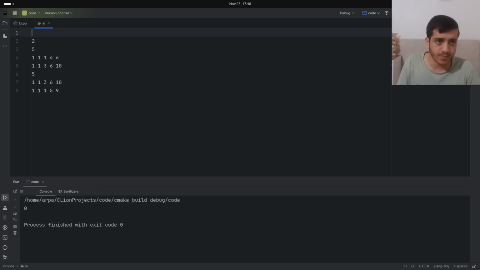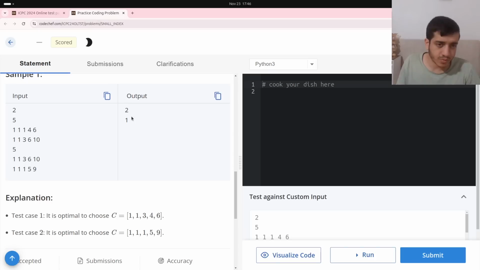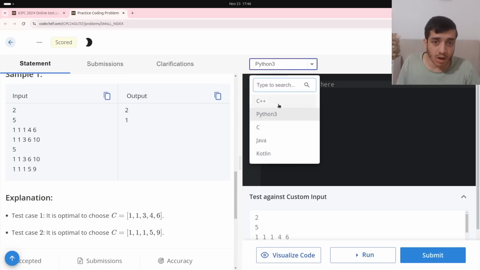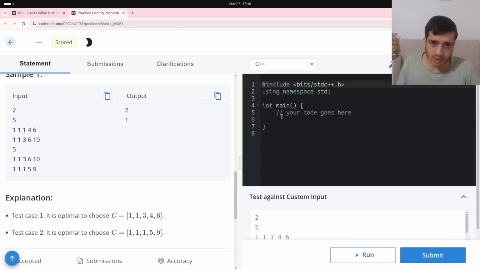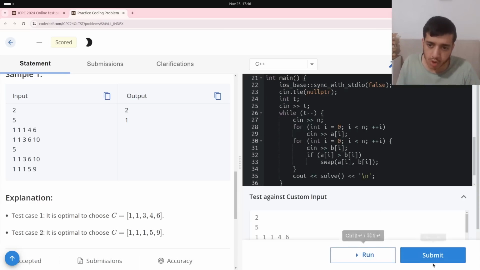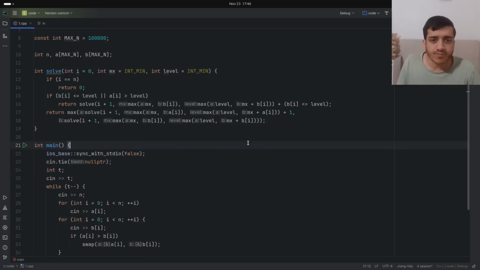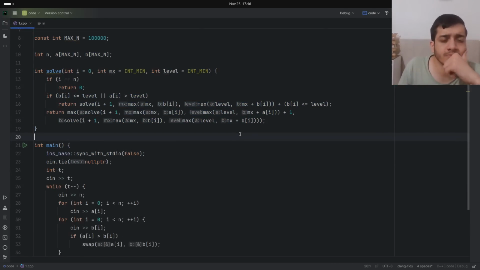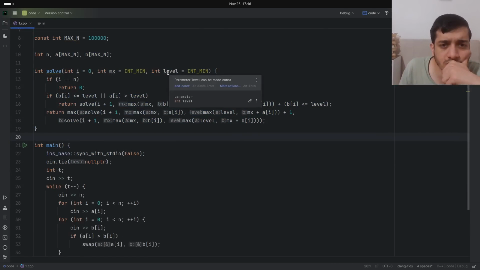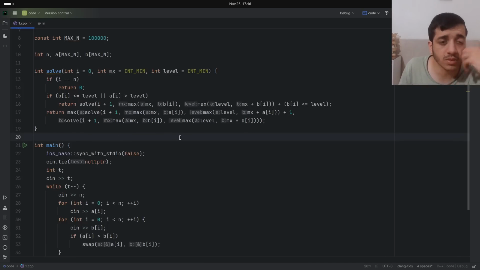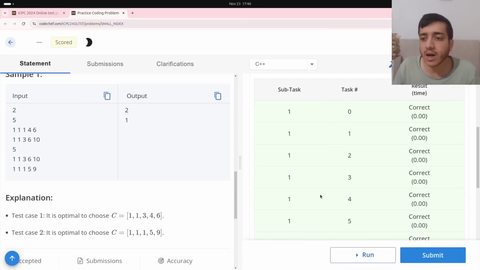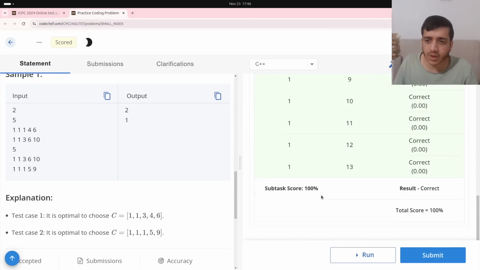Okay, that's true. I'm almost sure that it will get time limit exceeded, but let's try it. What is this? Wow, we got accepted.